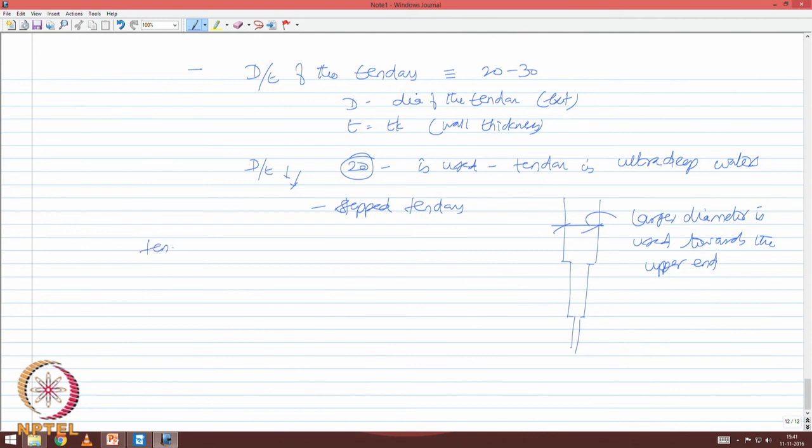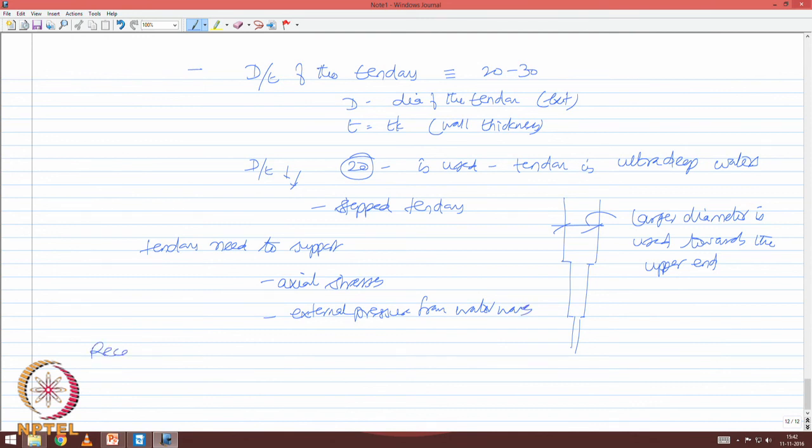Tendons need to support axial stresses and external pressure from sea water waves.